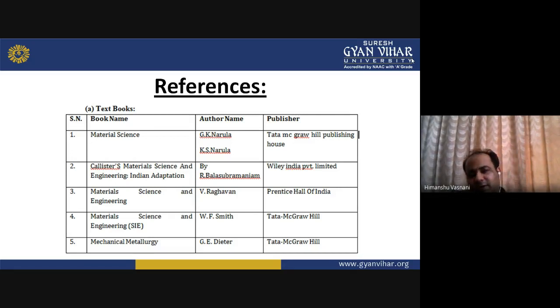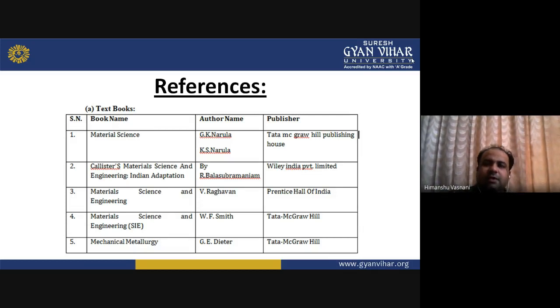While working in the workshop or any industry, you should be aware that if such kinds of symptoms are shown after fracture, you can identify that it can be a ductile or a brittle fracture.